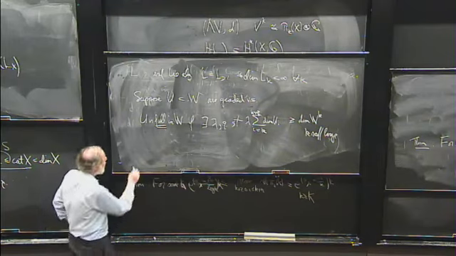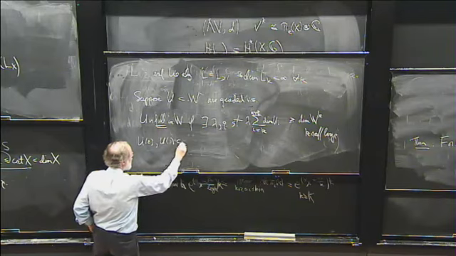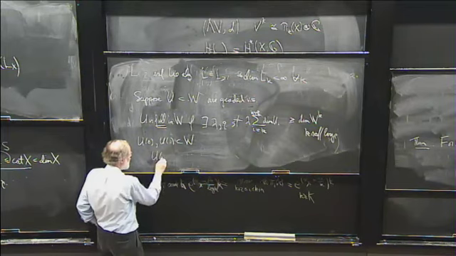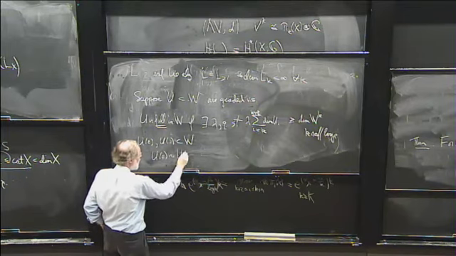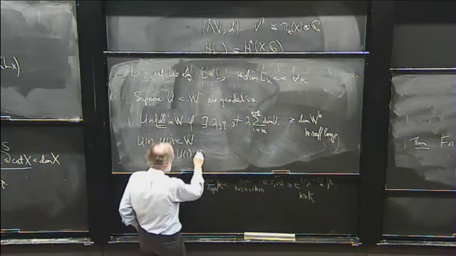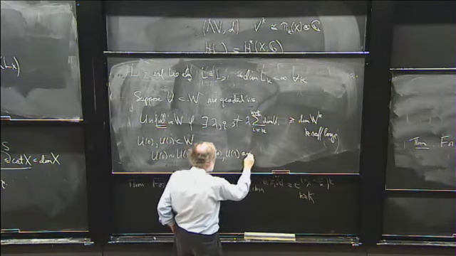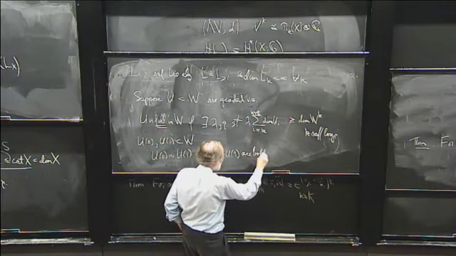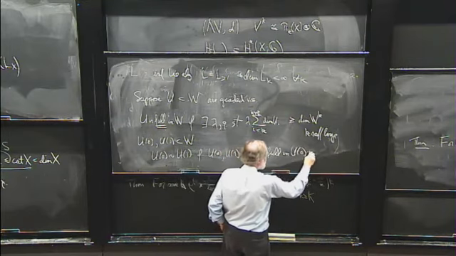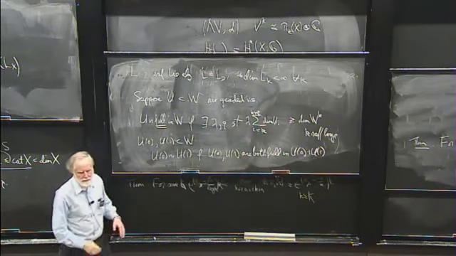And then suppose you have U_0 and U_1 contained in W. These are two graded vector spaces. I will say that U_0 is equivalent to U_1 if U_0, U_1 are both full in U_0 plus U_1.